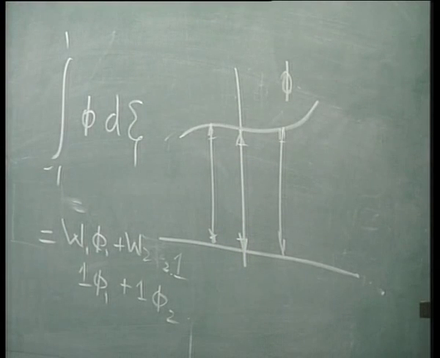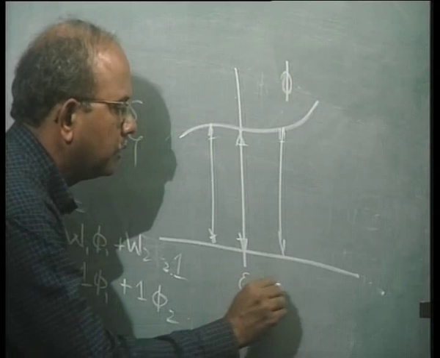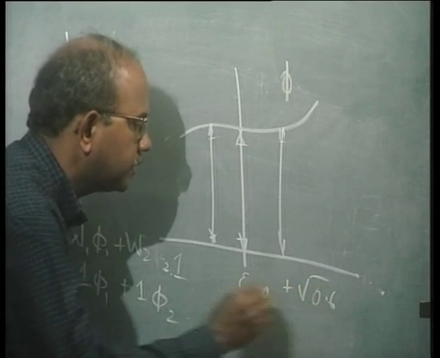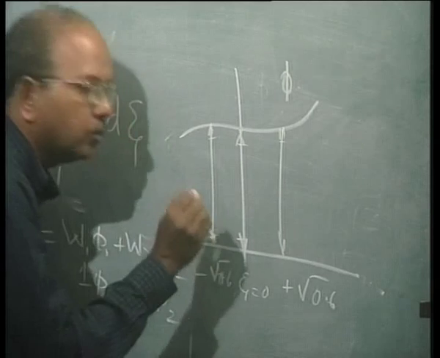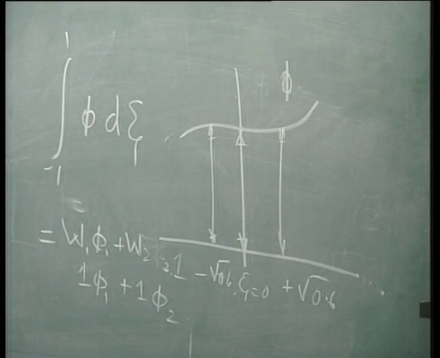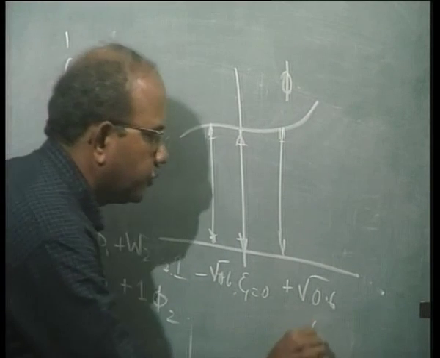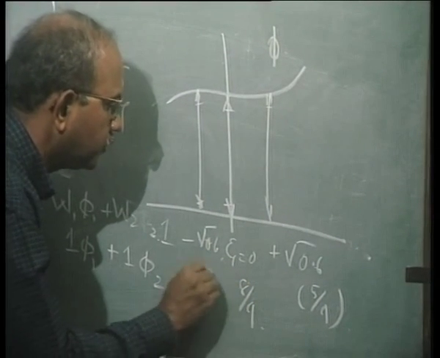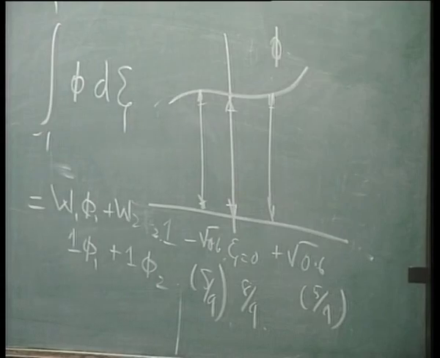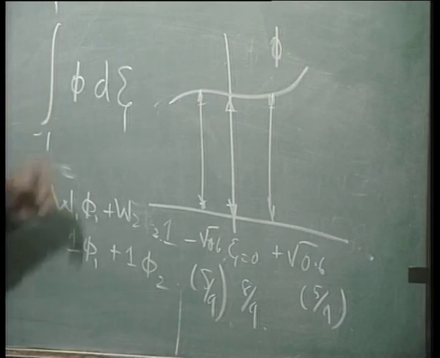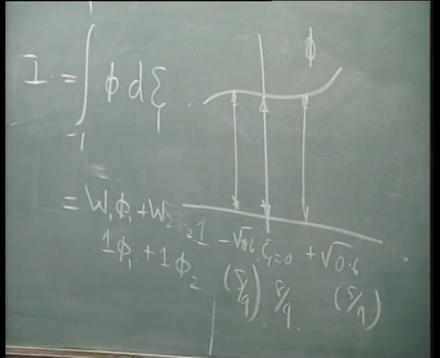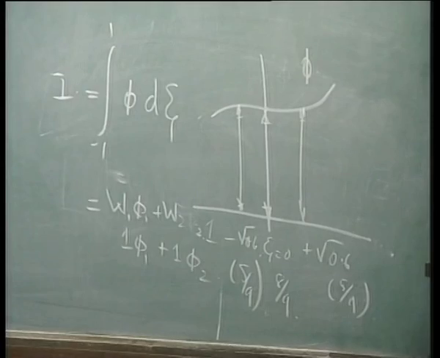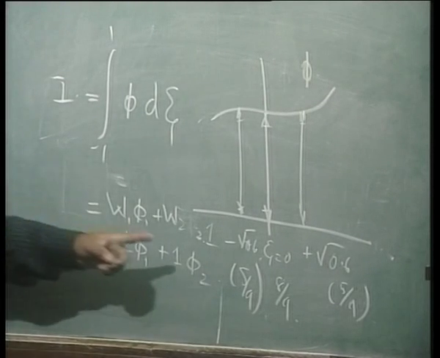Okay, and the value of phi at psi is equal to 0, plus root of 0.6, minus root of 0.6. What are the weights here? The weights happen to be 5/9 for this position, 8/9 for this position, and of course 5/9 for this position. So in other words, now if I use 3-point quadrature rule, then this integral becomes W1, which is 5/9 into phi1.